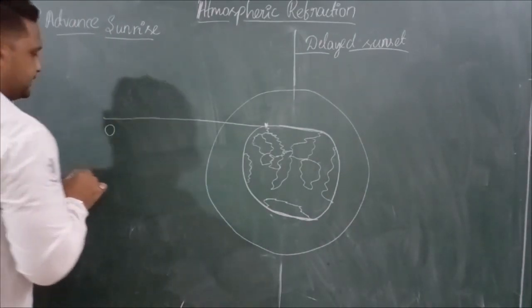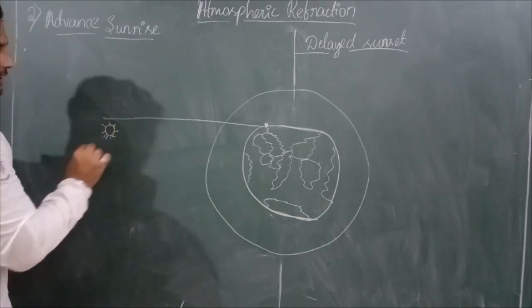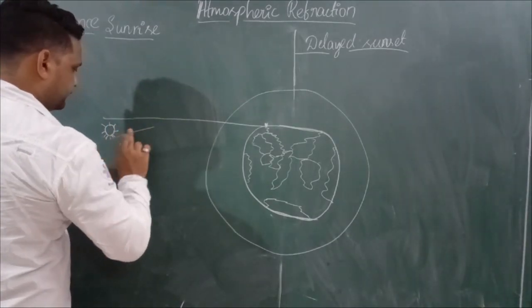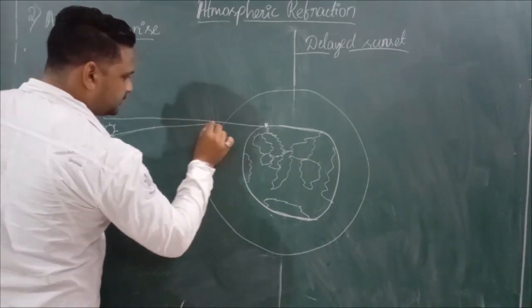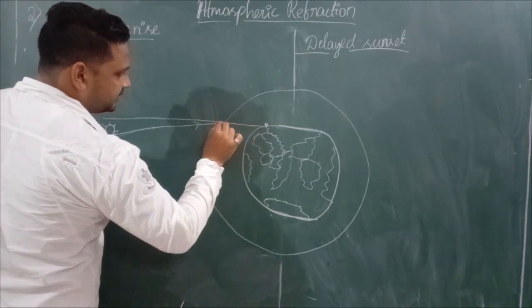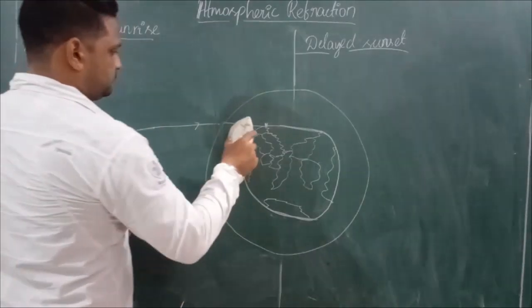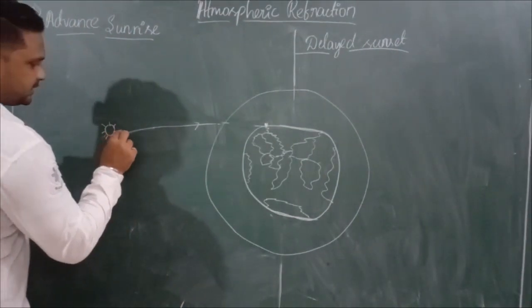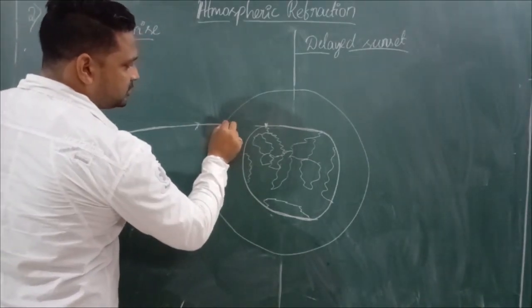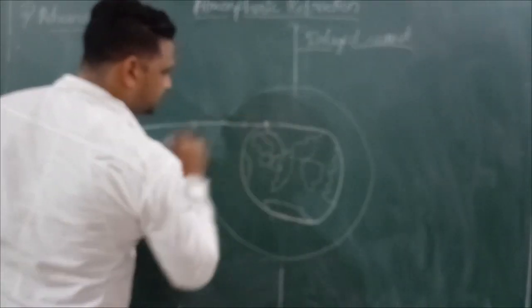If this is the position of the sun, the light ray coming from the sun, when it enters the earth's atmosphere, undergoes refraction and it bends. Due to this bending, the sun appears in this way.